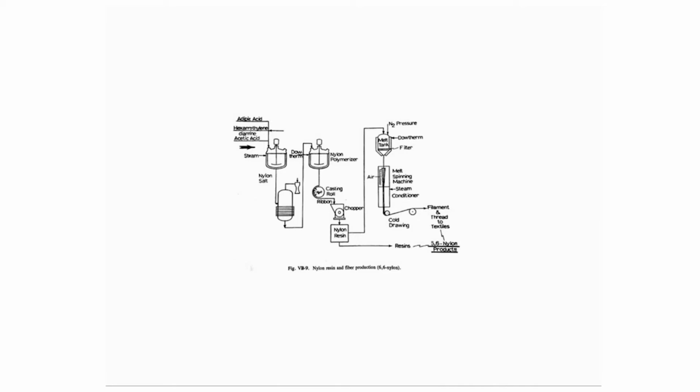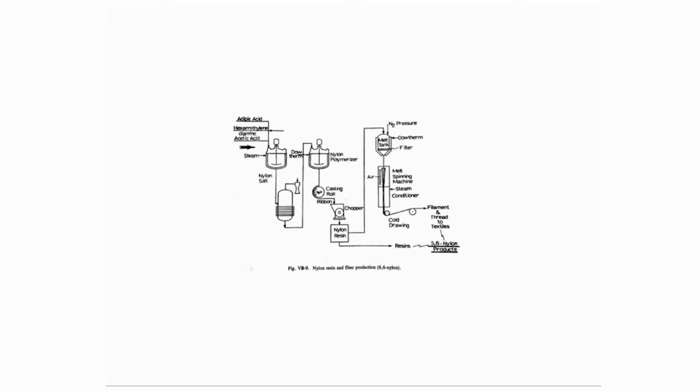The flow sheet for the manufacturing of this process is as follows. We have a high pressure vessel where the formed adipic acid and hexamethylene diamine are taken, and acetic acid is used as a catalyst.